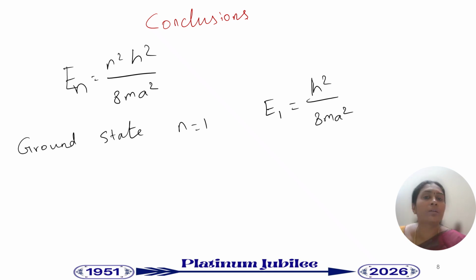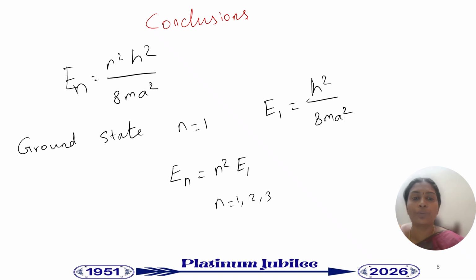Using this ground state energy, we can write the other energy eigenvalues. For the nth state, it is n square into E1. So the energy of the states is always directly proportional to n square, and the possible energy values correspond to the discrete values of n, that is n is equal to 1, 2, 3, 4, etc.